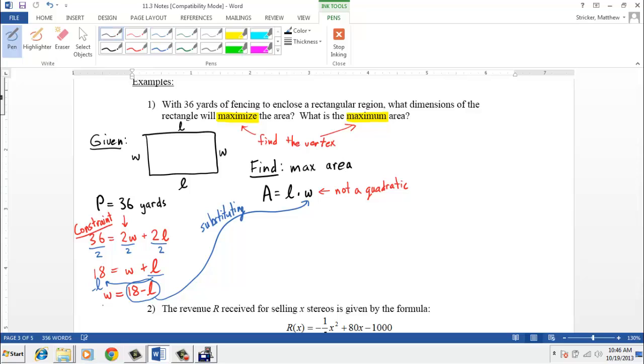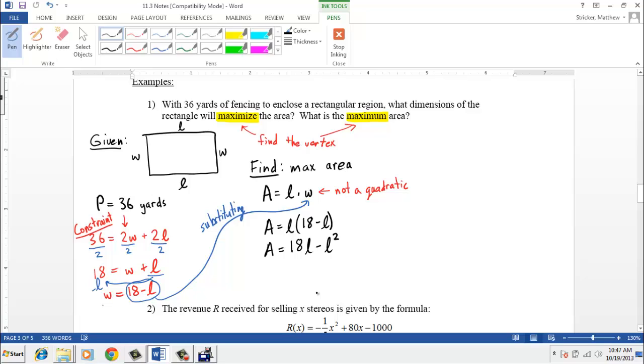And this equation now becomes A is equal to L times, when we substitute, we put something in parentheses, L times 18 minus L. Right? That's W. W is 18 minus L. And we could then distribute. We get 18L minus L squared.